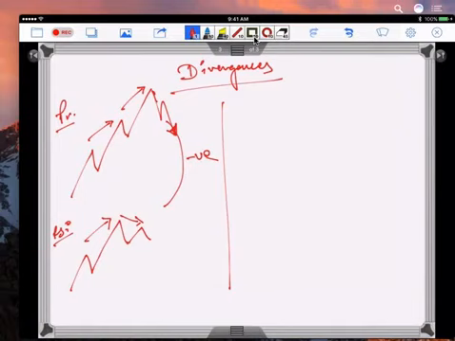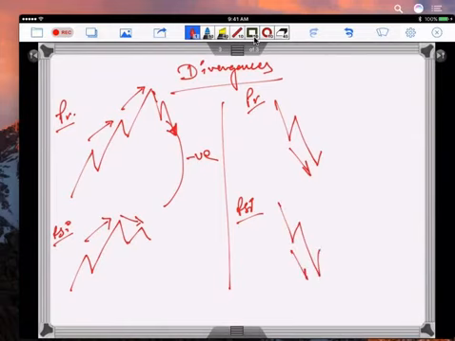The opposite is when prices are coming down and making a lower low. The RSI will also be coming down and making a lower low. When this happens, we say price and indicator, in this case momentum, are hand in hand, so prices will fall further down.